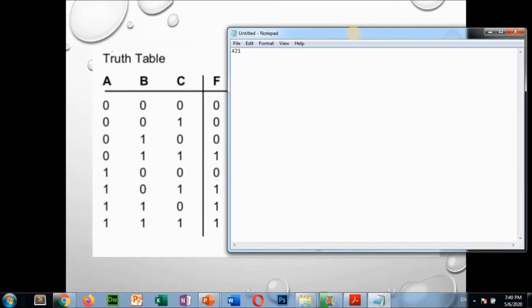So see here, the value of A is 4, this is 2, and this is 1. Clear? So now see how the values we are getting here.